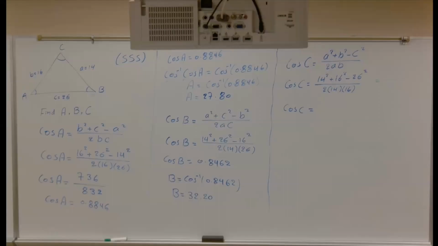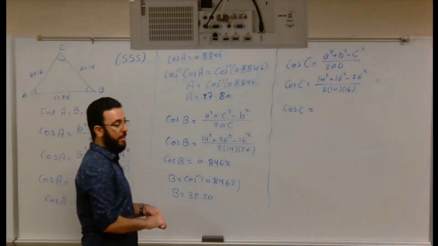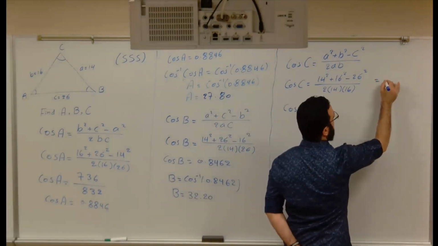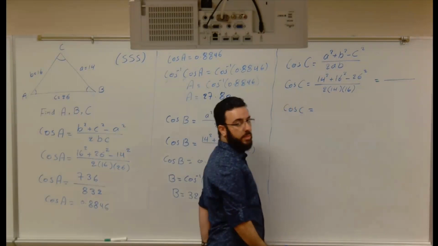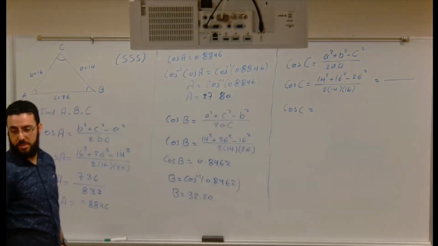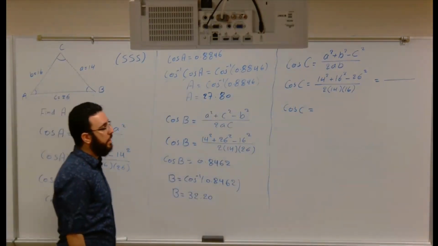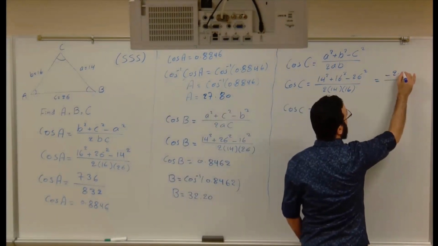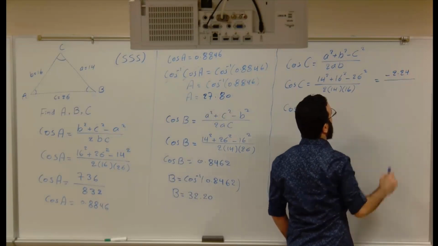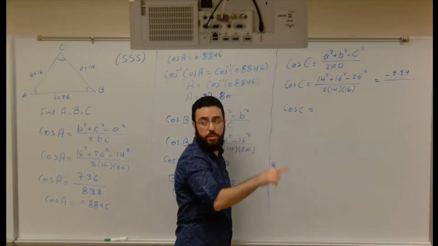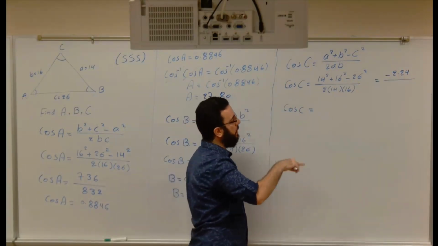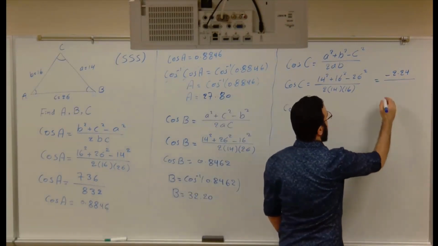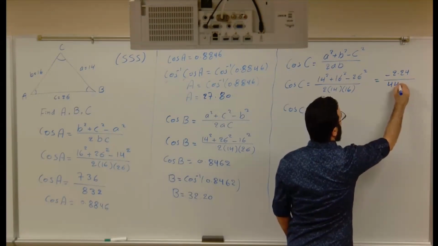Tell me how much it's going to be. How much do you get on the top? Negative 224. And the bottom one? 448.